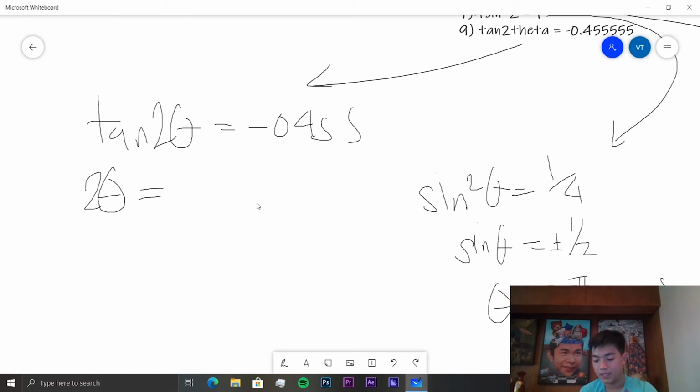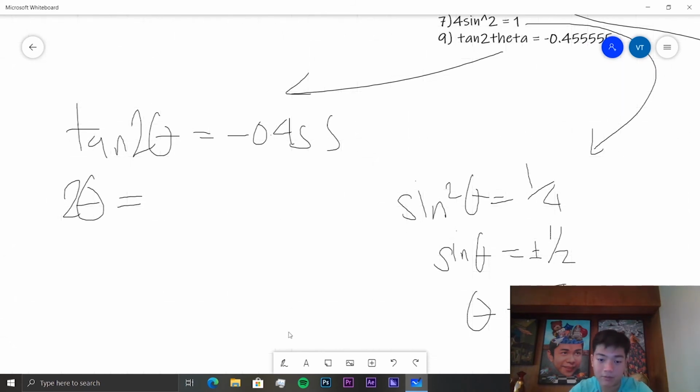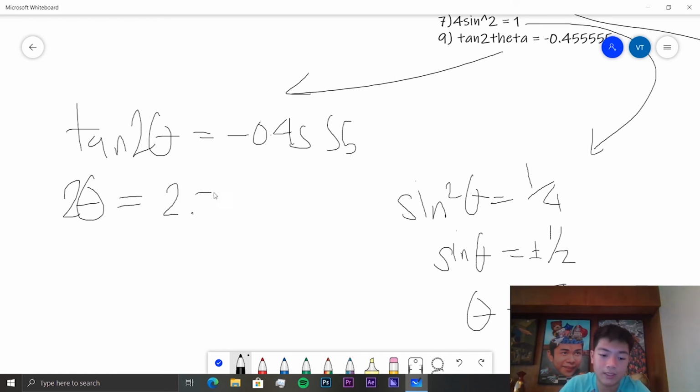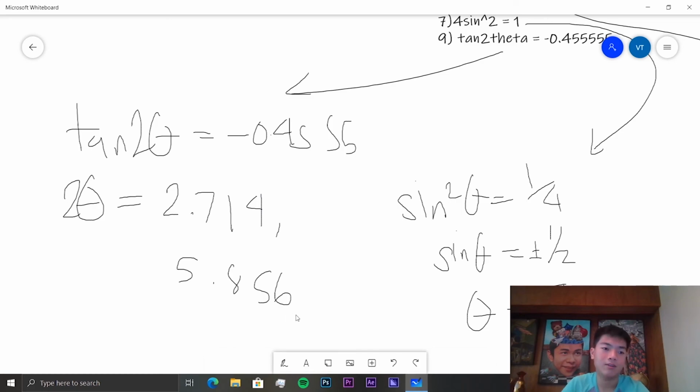If we punch in tan inverse of negative 0.4555 into the calculator, we get a negative value. Let's add pi to that. So we can get 2 theta either equal to 2.714, or if we add pi again, we get 5.856. But there's also a sneaky trick we have to remember.